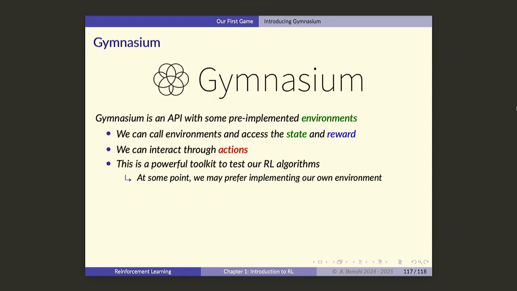Gymnasium is a quite well-known API that people use to implement an environment. You can simply install it and use it in Python. You can just import it, and then you can define your own environment, a custom environment where you describe the rewarding and transition system inside it.